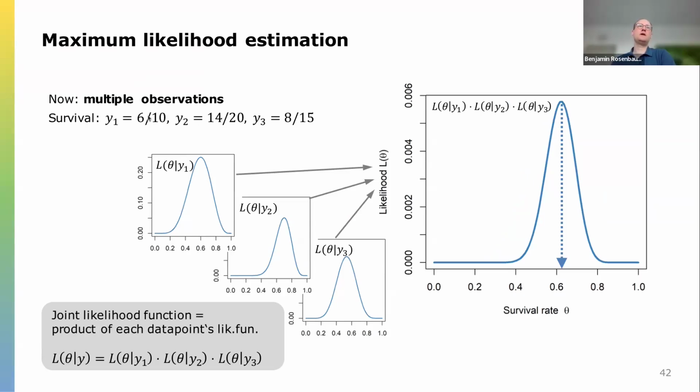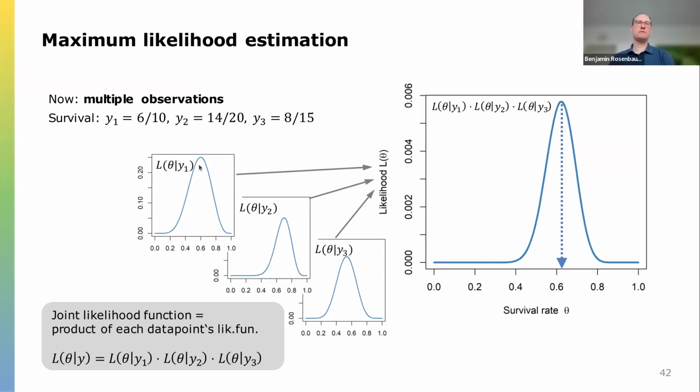Think of 3 habitat patches, like 3 forests, and you observe for each of the forests how many individuals you had before the winter and how many survived the winter. And then you have these different numbers, 6 out of 10, 14 out of 20, and 8 out of 15. And your question is now, what is the average survival probability here?